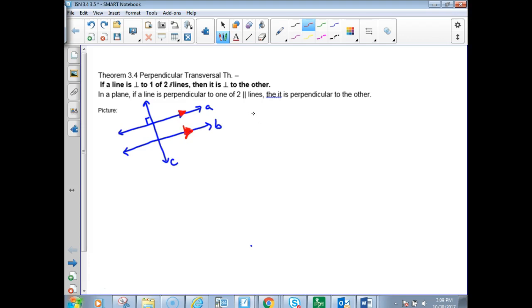So the point would be that by the perpendicular transversal theorem, it says, if line A is perpendicular to line C, and line A is parallel to line B, then line B must be perpendicular to line C also. That's all it says.